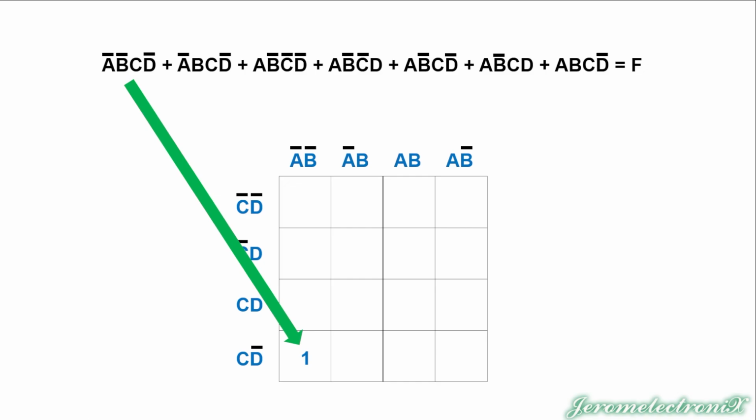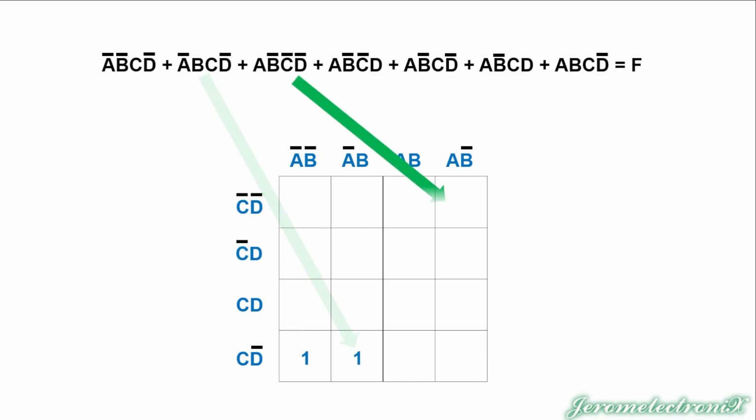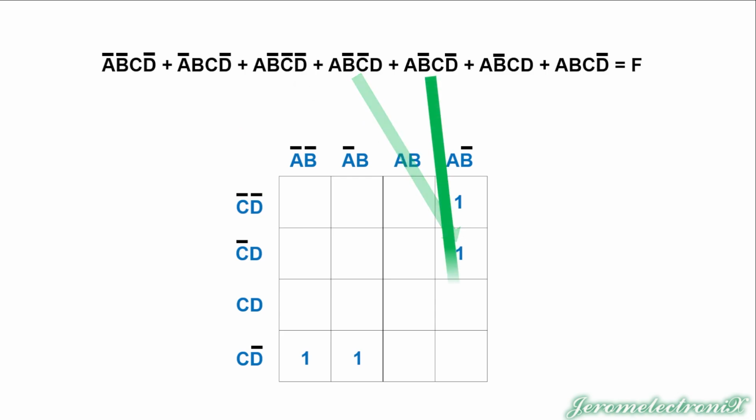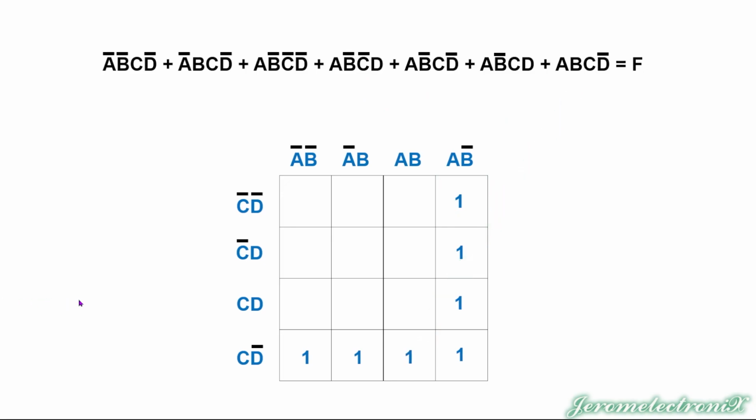Okay, if you pause the video, we're back. This one goes here. This one goes here. This goes here. This one goes here. This one goes here, and this one goes here. Now we implicate. All of these together, they fill the entire column.